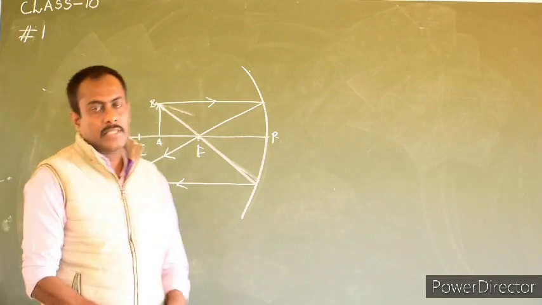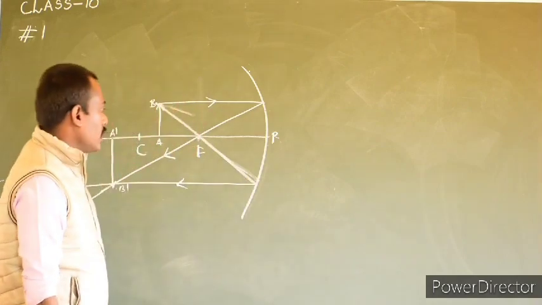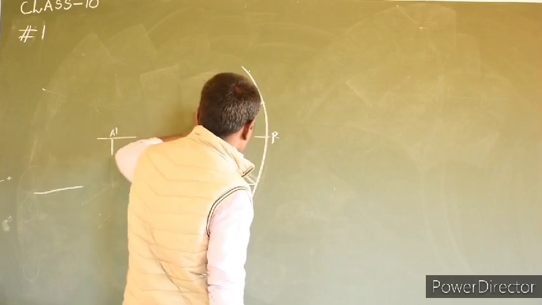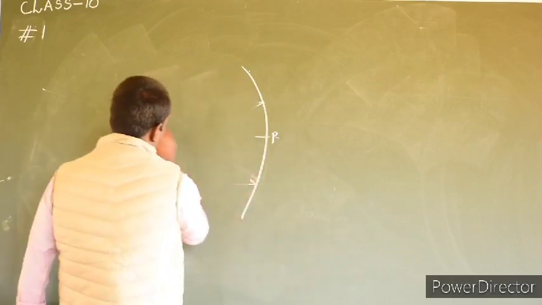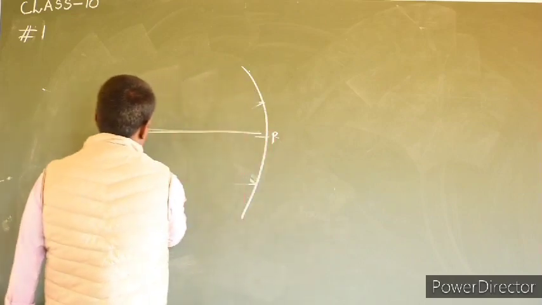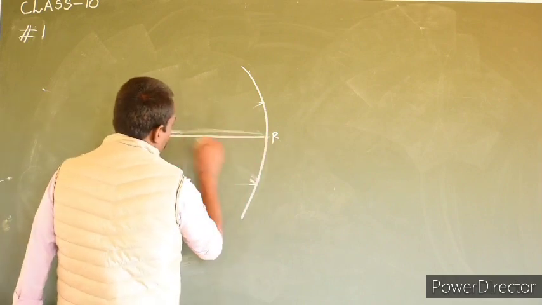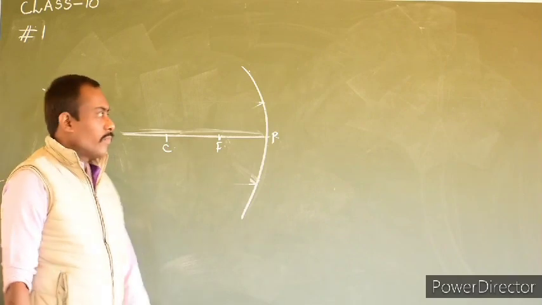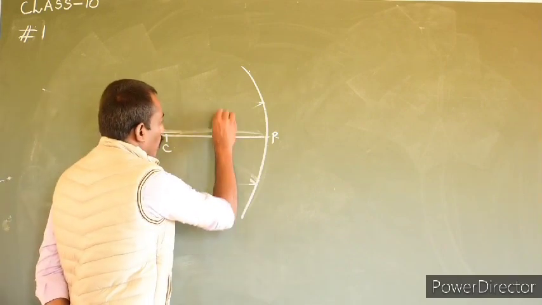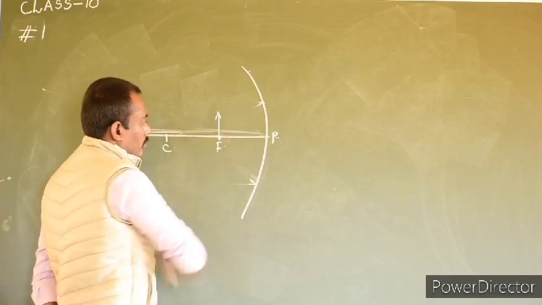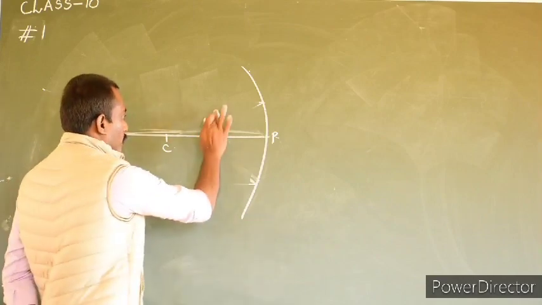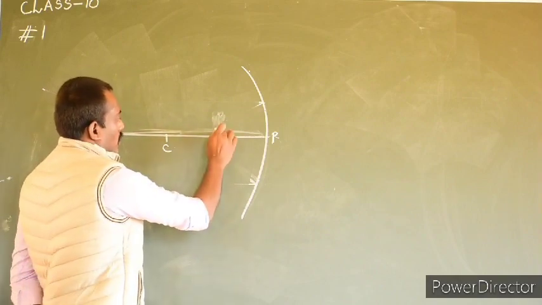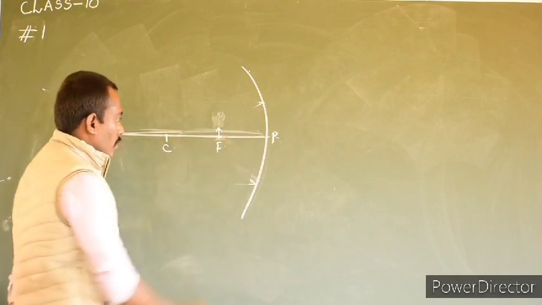Then next case, when the object is kept at F, when the object is kept at point F, so this is the point where the object is kept.